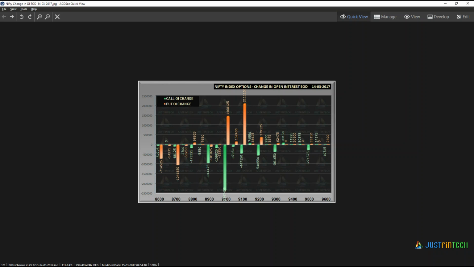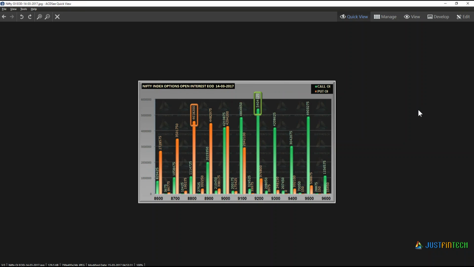So if these guys can hold on to the OI, then there are chances of further rise till the end of the week. The highest OI in the call is at 9,200, and the highest OI in the put is at 8,800. So that is the broader range as per the OI.